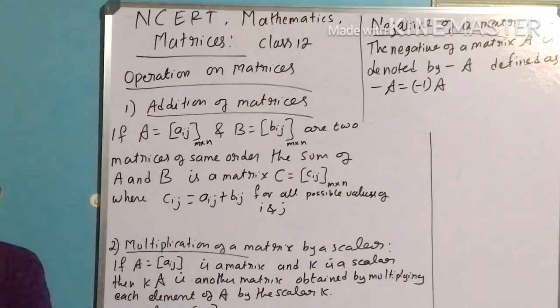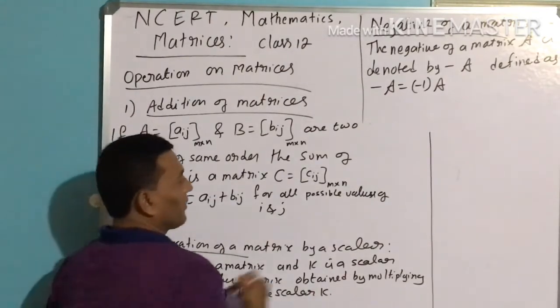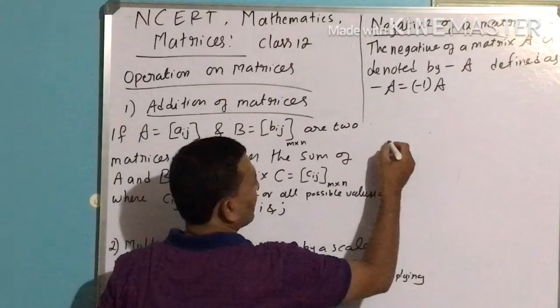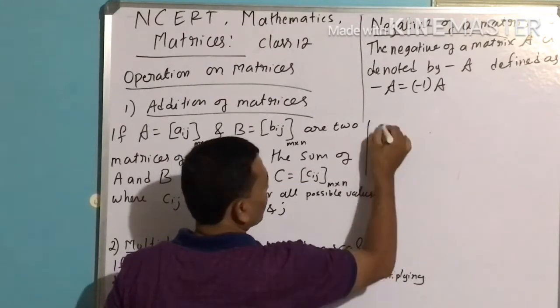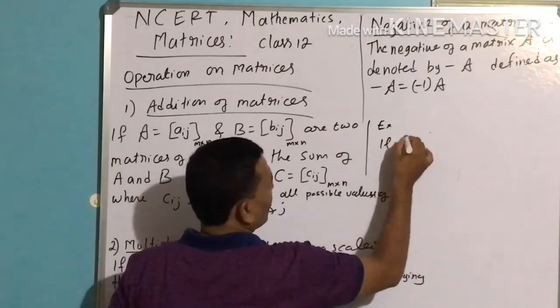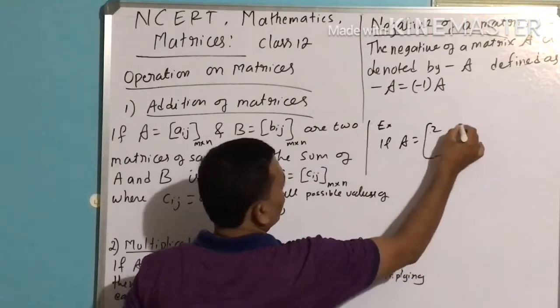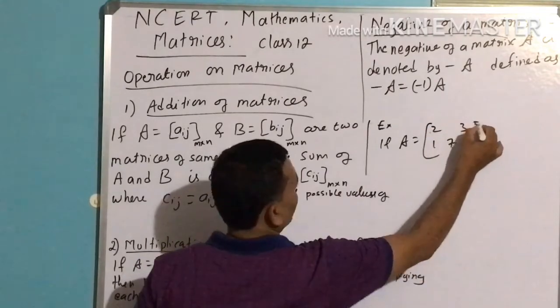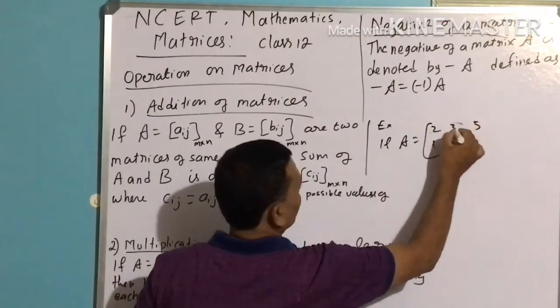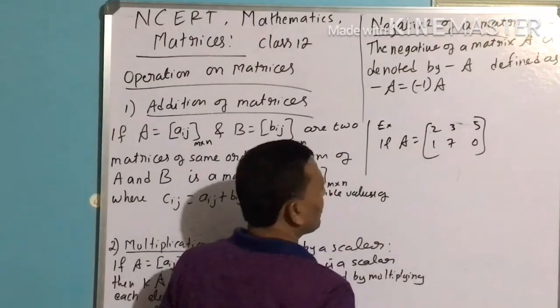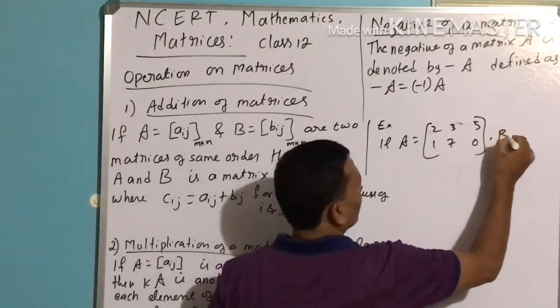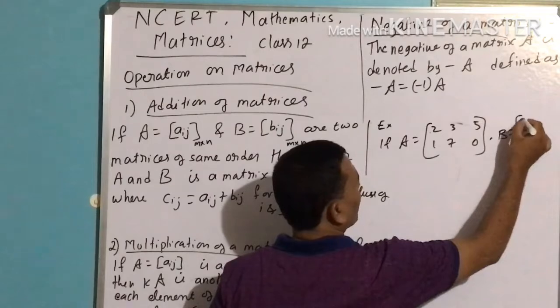We shall see this with an example. Let A equal 2, 3, 1, 7, 5, 0. For example, this is a 2 cross 3 matrix and B should also be of the same order.